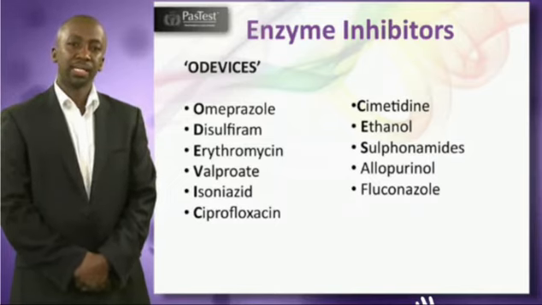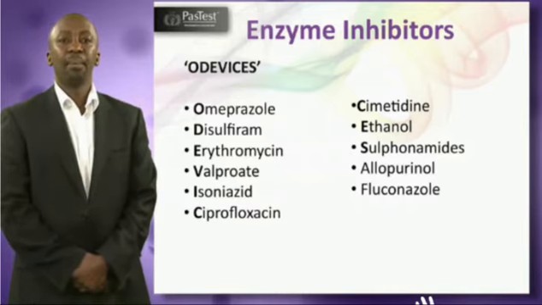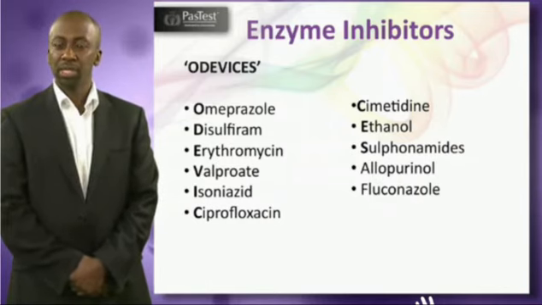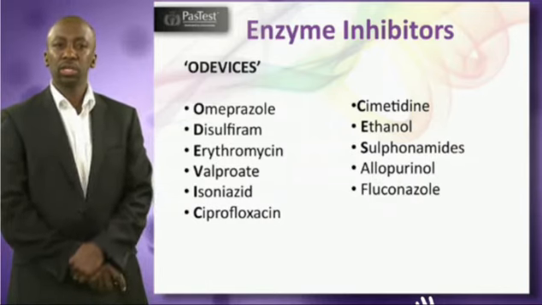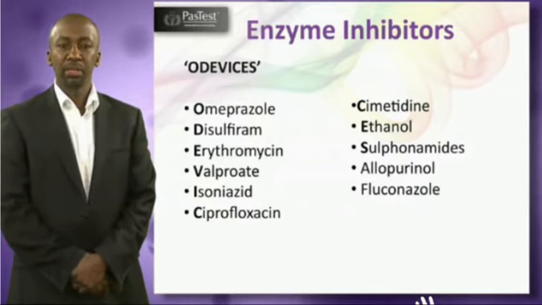Just to remind you, disulfiram is Antabuse for alcohol, erythromycin and ciprofloxacin are antibiotics, and these will cause potentiation of other drugs, even if used in a short-acting form, a week or less of treatment.